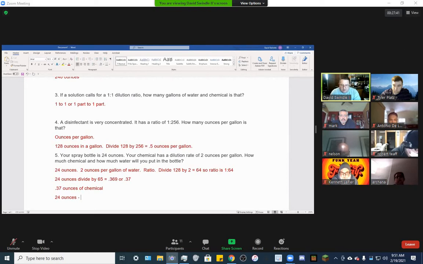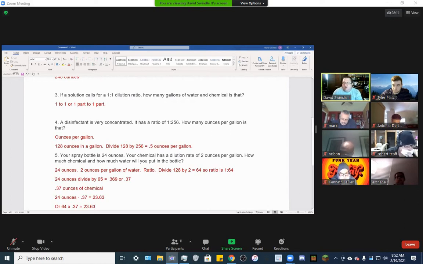I'm going to minus 0.37, and that'll be 23.63. Or we could do this route. Because we used a dilution ratio, we literally can take 63 times that 0.37 and that would give us the 23.67 roughly. Okay, or 63, sorry.